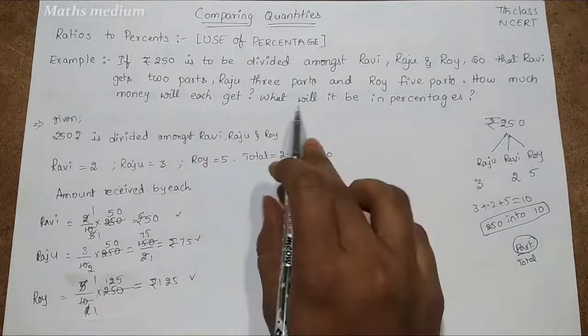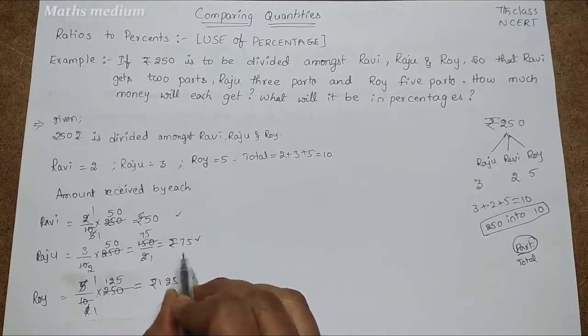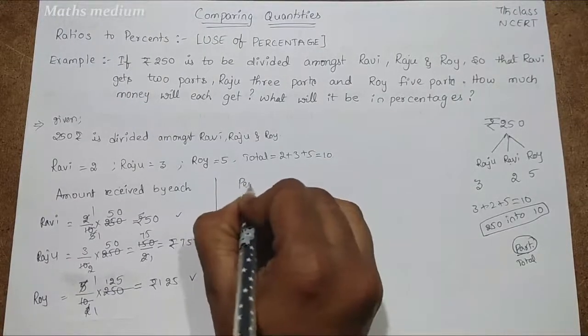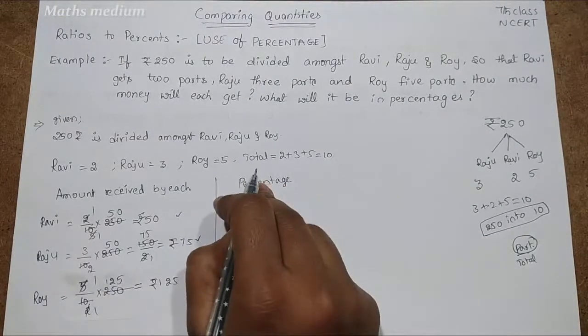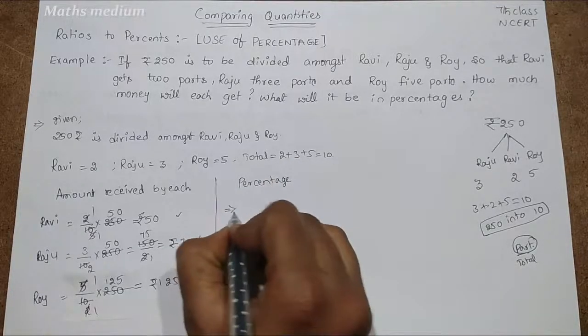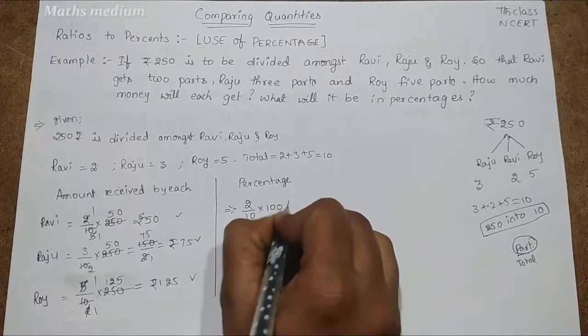Now we have to find what it will be in percentages. We know that percentages are numerators of fractions with denominator 100. So in order to make that, 2 by 10 into 100%.